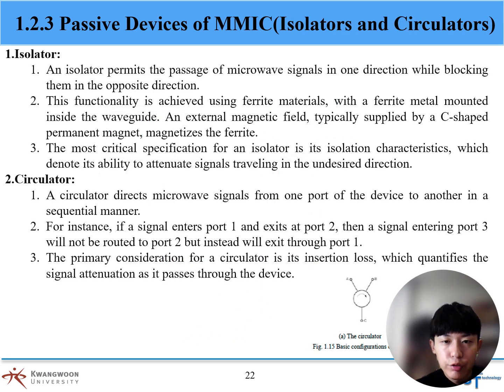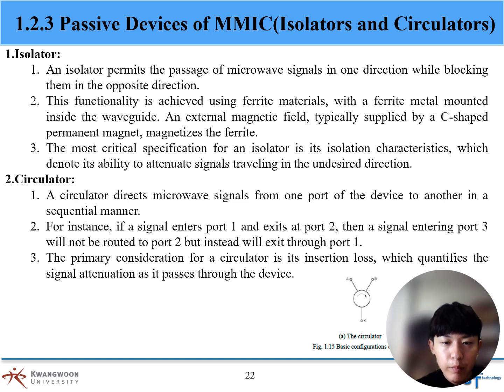This part introduces the isolators and circulators. An isolator permits the passage of microwave signals in one direction while blocking them in the opposite direction. This functionality is achieved using ferrite material with a ferrite metal mounted inside the waveguide.